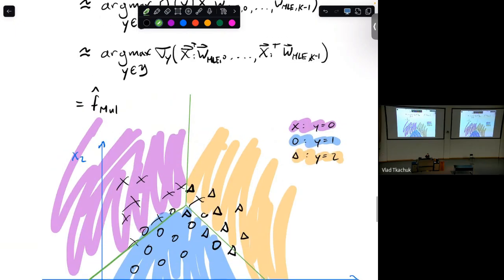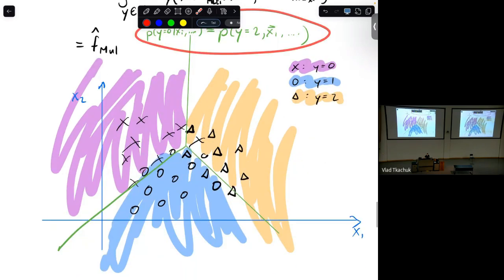At these boundaries, the probability of y equaling 0 given xi, based on all these weight vectors, is exactly equal to the probability of y equaling 2, based on this xi vector and all the MLE weights. Both of these are larger than the probability of getting 1, because it's going to be either this or this. That's what these boundaries are.